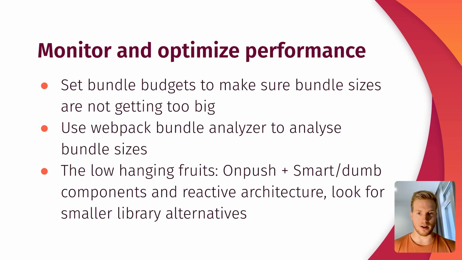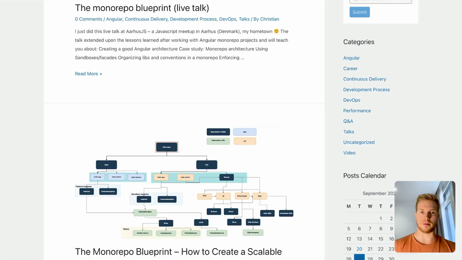And the low-hanging fruits, such as OnPush change detection, smarter DOM components, and a reactive architecture, basically make the runtime as efficient as possible, because you're going to have the most efficient change detection. Also, you can do optimizations such as RxAngular.